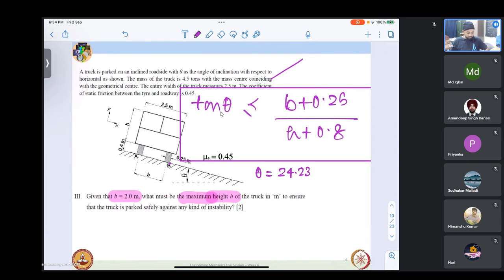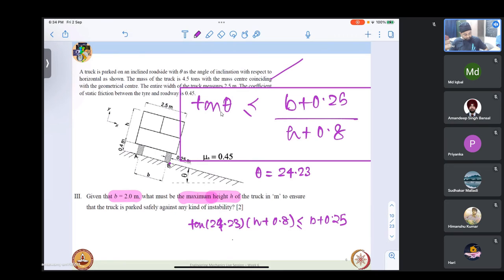We can see that tan of 24.23 into H plus 0.8 should be less than or equal to B plus 0.25. So B is given, 2 plus 2 divided by tan 24.23 degrees minus 0.8.